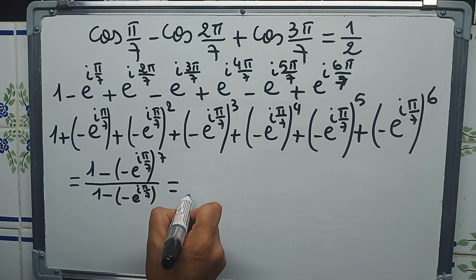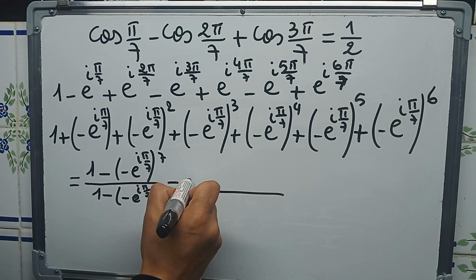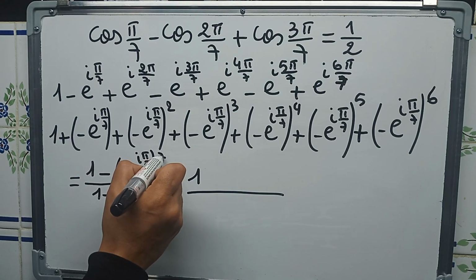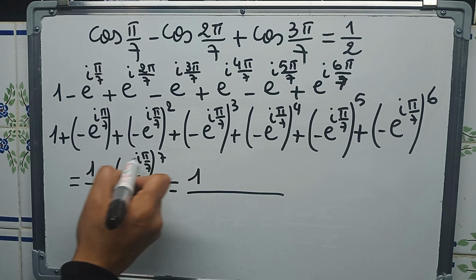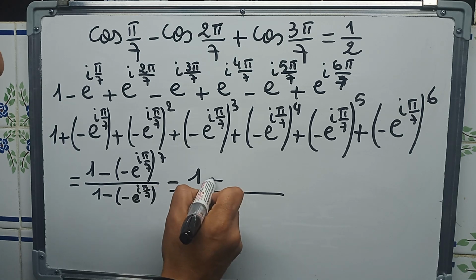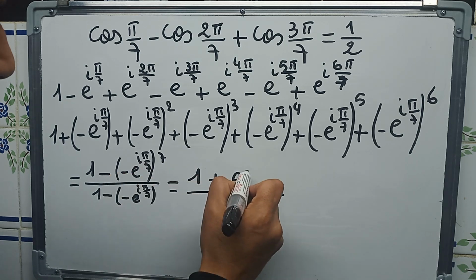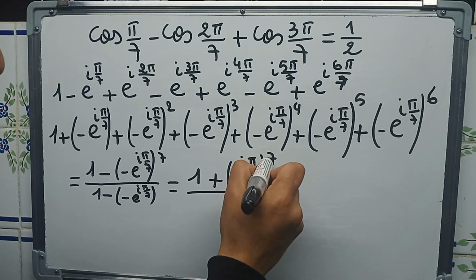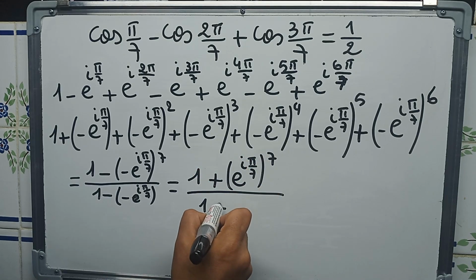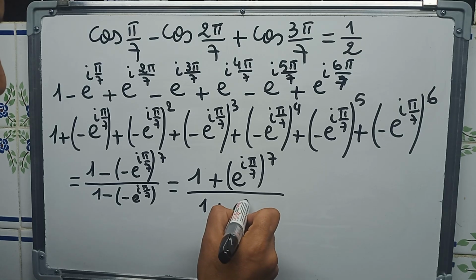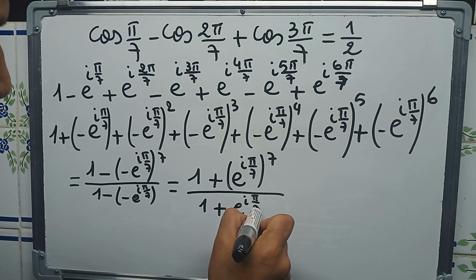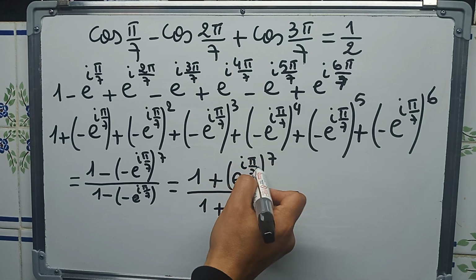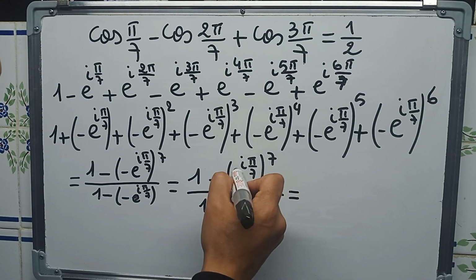Here we have 1, and minus 1 to the power 7, which is minus. So minus will be plus, e^(i pi over 7) to the 7th power over 1 plus e^(i pi over 7). And of course, 7 cancels with 7, so it is e^(i pi).